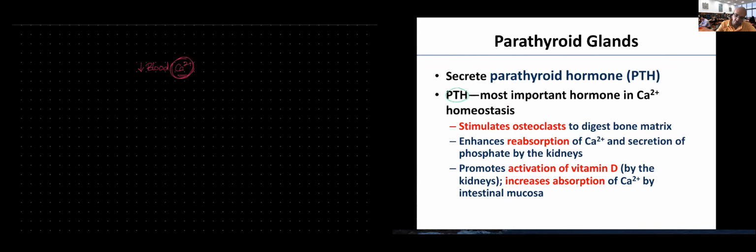So in case of a drop in my blood calcium levels, I need to increase it back to normal as soon as possible. So the hormone here that will be acting to increase the blood calcium level, it's the PTH, or the parathyroid hormone. It increases the blood calcium level by three means.